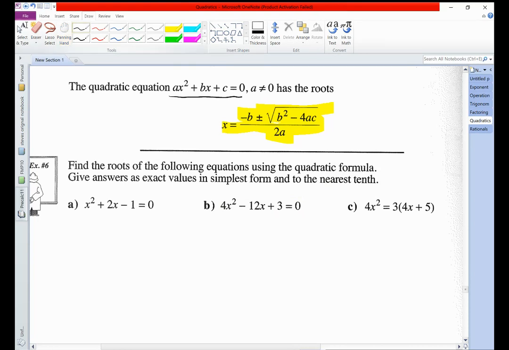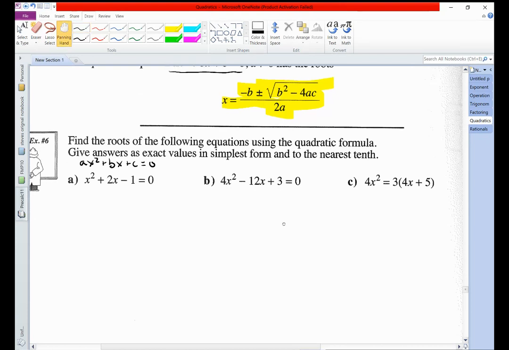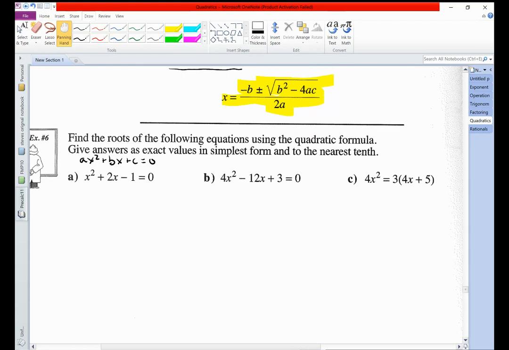So in example A, we know that we're looking at ax squared plus bx plus c is equal to 0. In this case, I'm just going to scroll a little bit. a is equal to 1, b is equal to 2, and c is equal to negative 1.